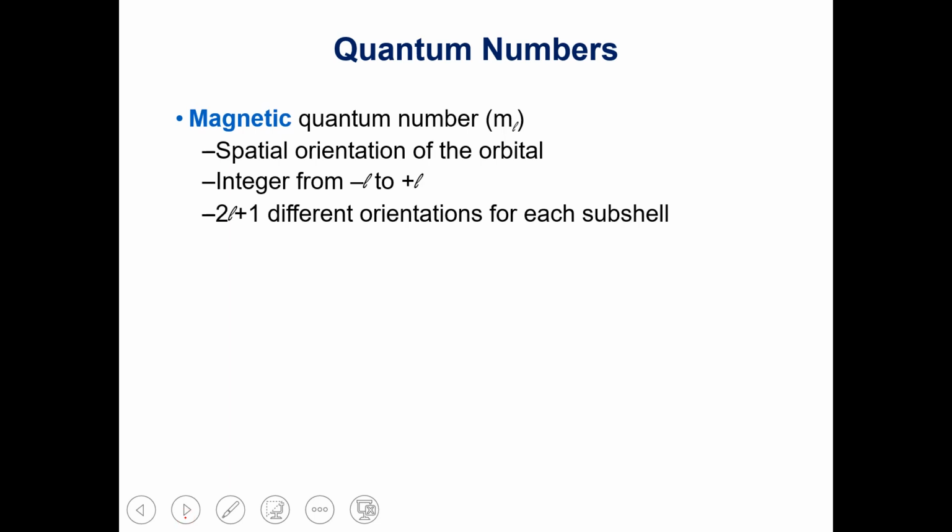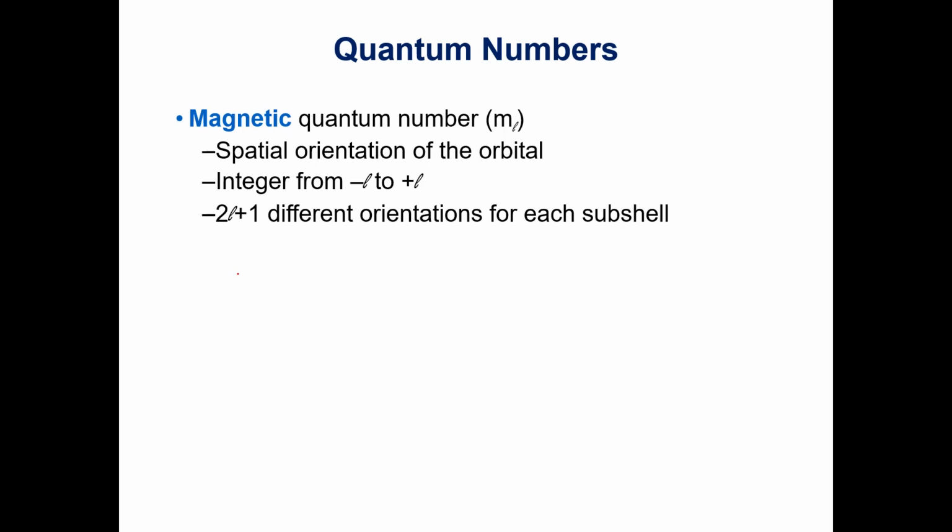The third quantum number, not the last one, is the magnetic quantum number m sub L. The magnetic quantum number gives us the spatial orientation of the orbital. m sub L can be anything from negative L to positive L. The way you can determine how many different orientations there would be is to take 2 times L plus 1.